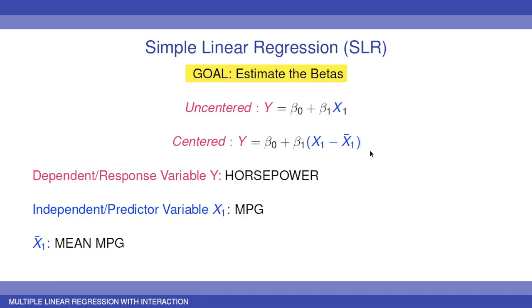In our data, mean mpg has been subtracted from each observation of mpg. That is why we have x minus x bar, where x bar represents the mean of x1, or mean mpg. So remember, if you have an uncentered mpg, just use x1. If you have centered mpg, use x1 minus x bar.